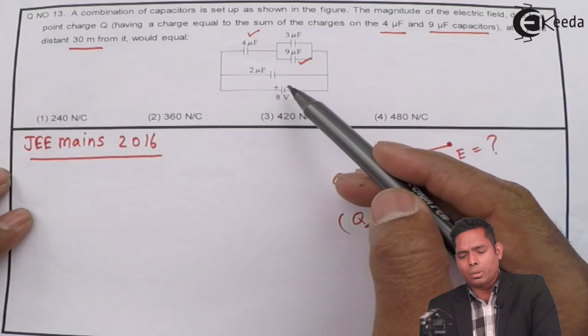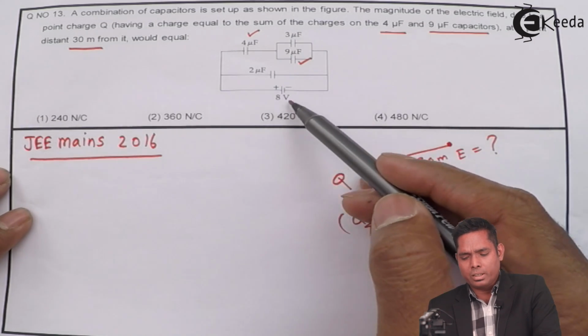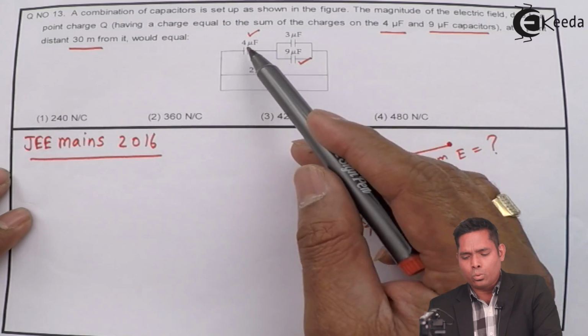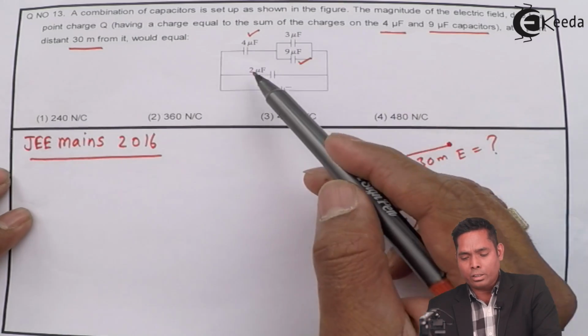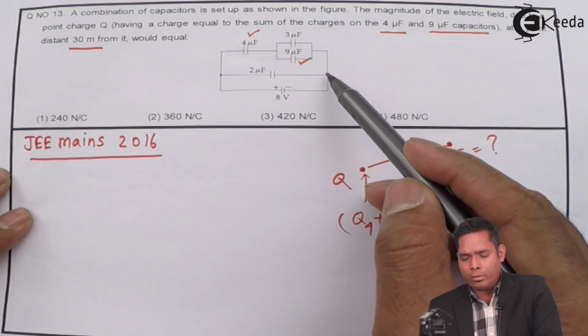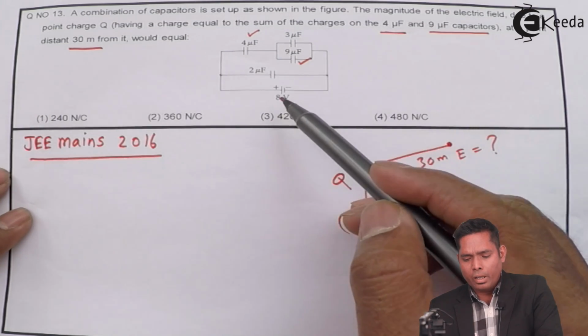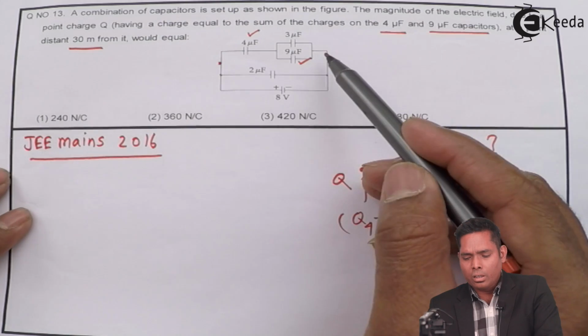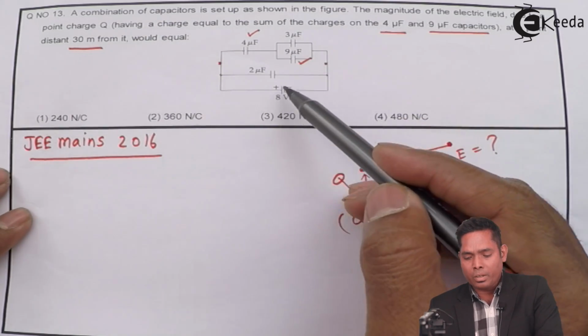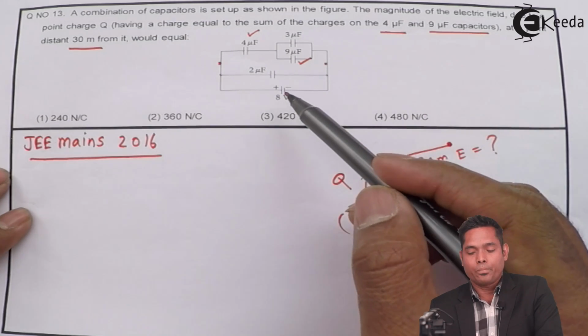So this is a very simple question because 8 volt is there. So this is in parallel. These two combinations, this one and this one, they are in parallel. So across 2 microfarad we have got 8 volt, and also across this combination above we have the potential difference of 8 volt.